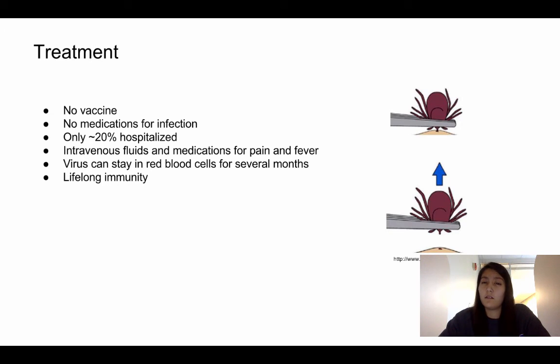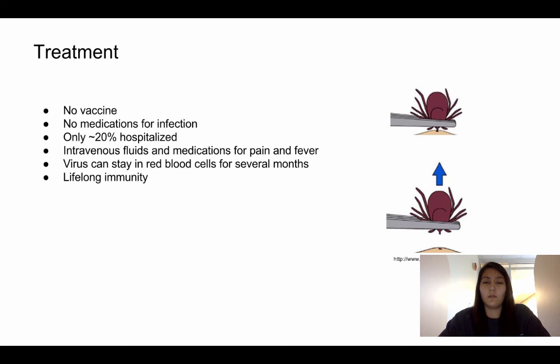Not recommended. It's a really bad idea because the tick will probably eventually let go, freak out and die. Before it does that, it'll regurgitate some of the blood it has, and with that, the virus or anything else it's carrying. So you're a lot more likely to get a disease if you do that to a tick.